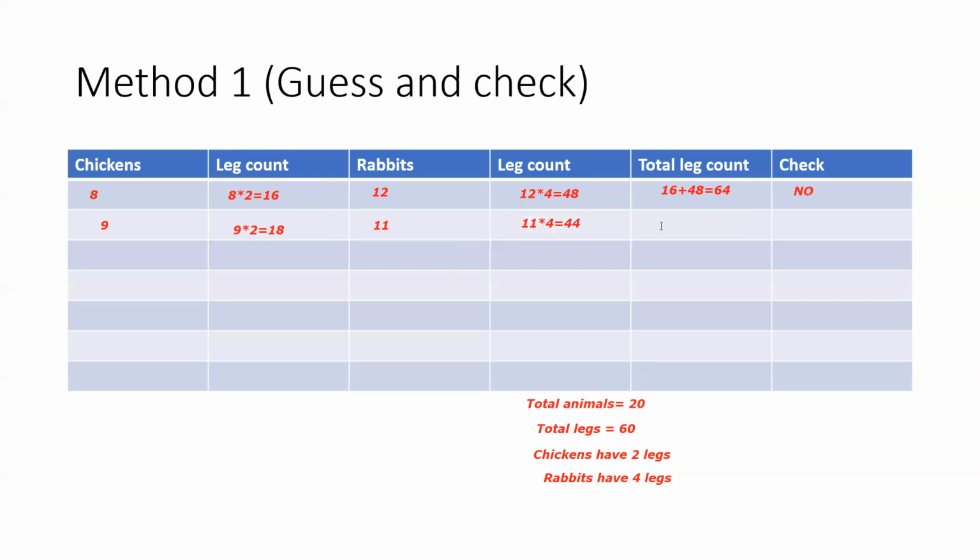Total leg count, 18 plus 44, will give us 62. Well, it's closer, but it's not yet there. So no. For the next one, let's just increase chickens by 1.